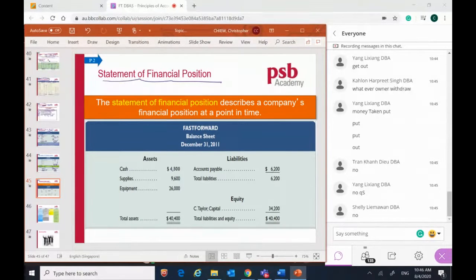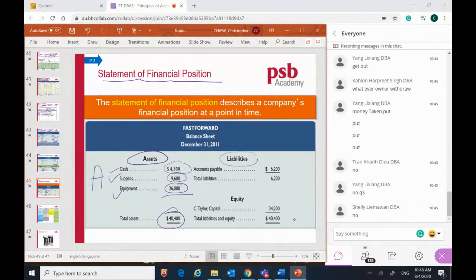So, you have your assets on one side. The assets comprise of your cash, 4,800, your supplies, 9,600, and the equipment, $26,000. Total assets, if you add them all up, is 40,400. This is your assets A.